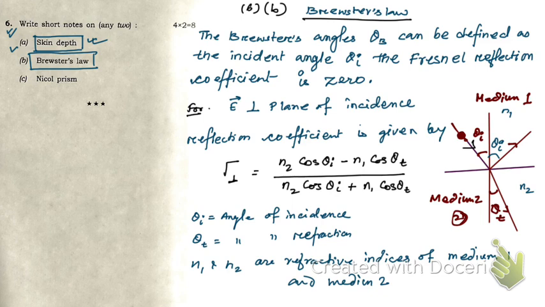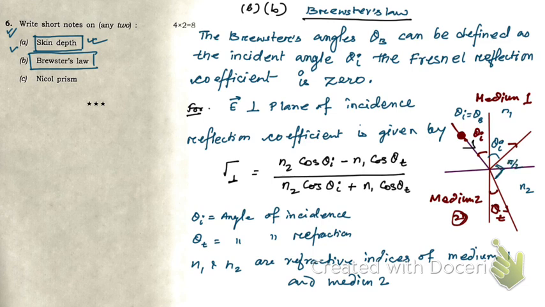Now according to the definition, this must be equal to 0 if theta I is equal to theta b. So let me go to a new slide. Let me tell you one more thing. If theta I is equal to theta b, if this is the Brewster's angle, then the angle between the reflected and transmitted rays must be 90 degrees, pi by 2.